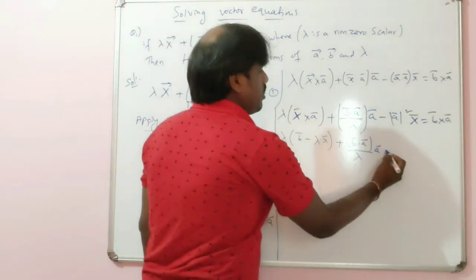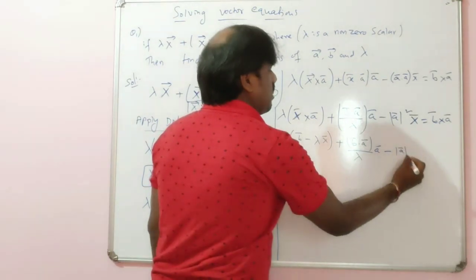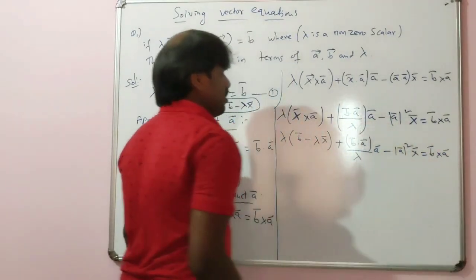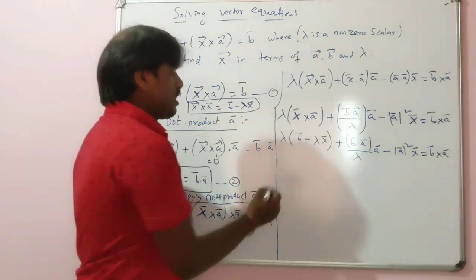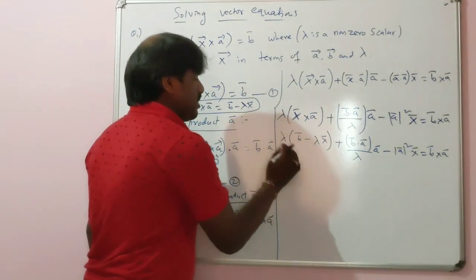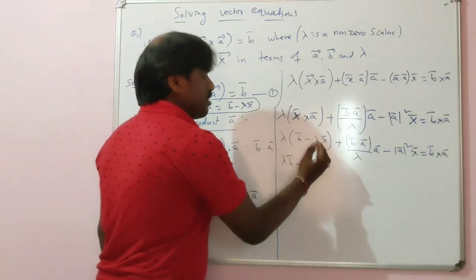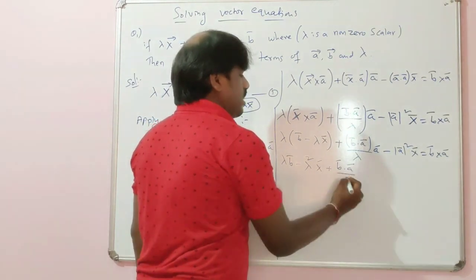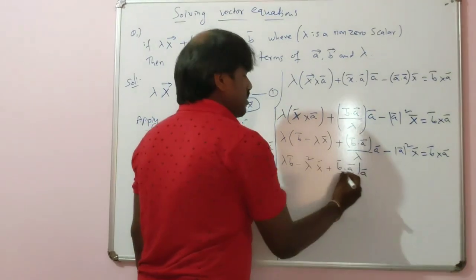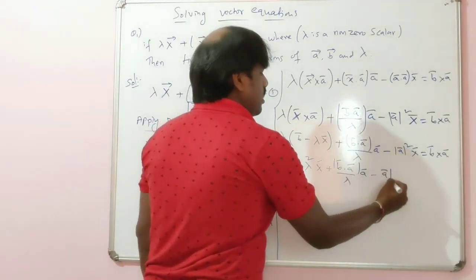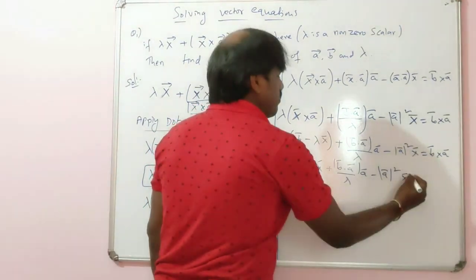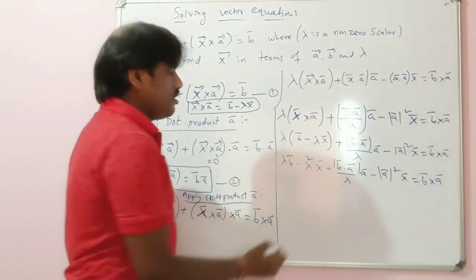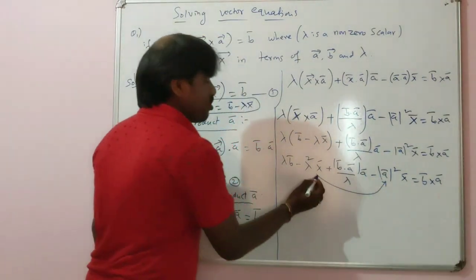And here I am going to get here minus mod A vector square into x vector is equal to B cross A. And just you multiply this one, I get as lambda times of B vector minus lambda square x vector plus B vector dot A vector divided by lambda into A vector minus mod A square into x vector is equal to B cross A. I have to find x as a subject, so you can make these two as a common.